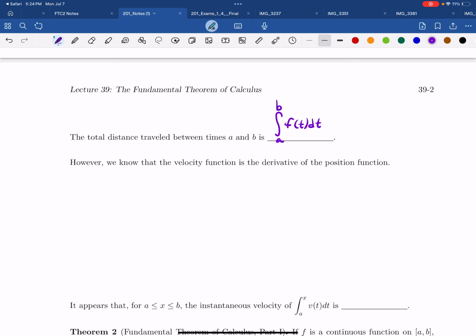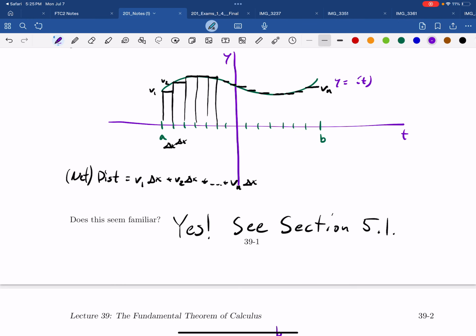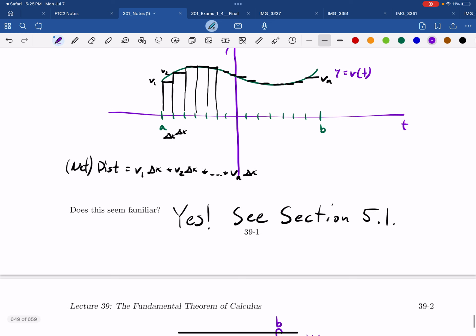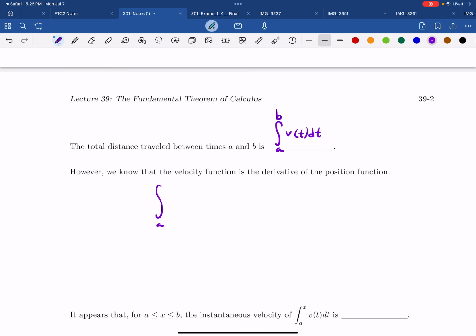So if I call this v of t, because this is the velocity function, then the integral from a to b of v of t dt equals the integral from a to b of s prime of t dt, where s of t is the position function at time t. Okay.